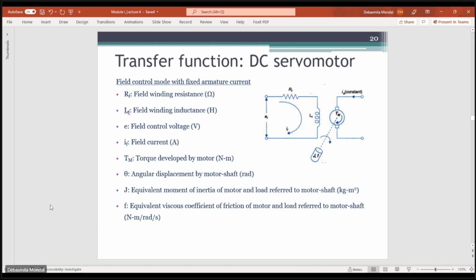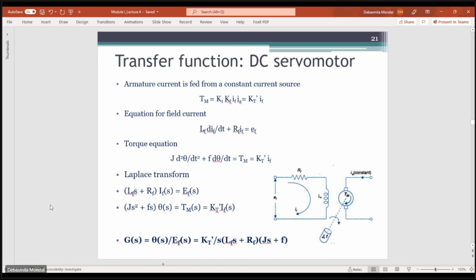Okay, so similarly, if you look at the field control mode of the DC servo motor, the field current is actually varying, and the armature current is kept constant. The armature current is fed from a constant current source.